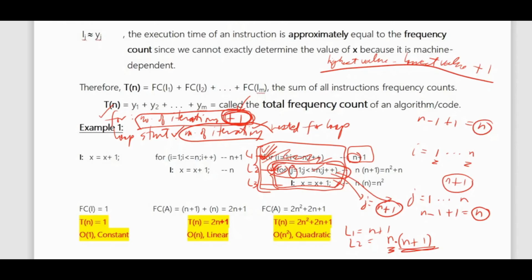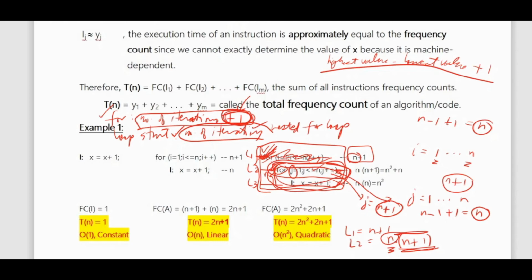So if this is just alone without this, the frequency count of this is n plus 1. Now since it is inside this outer for loop, times n because the outer for loop iterates n times. So each of the statements inside this outer for loop will be n times whatever is the frequency count of itself.